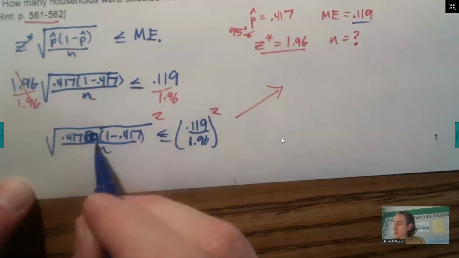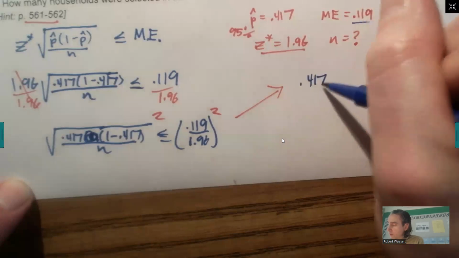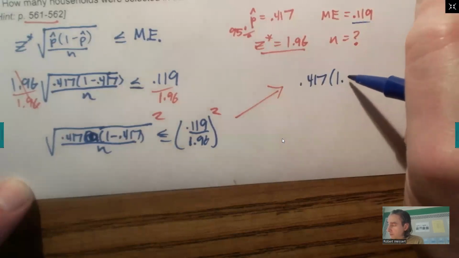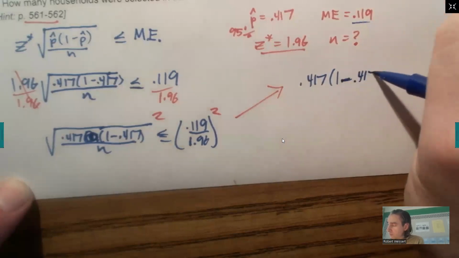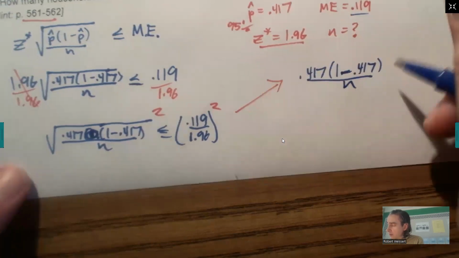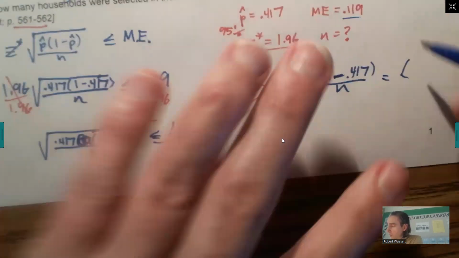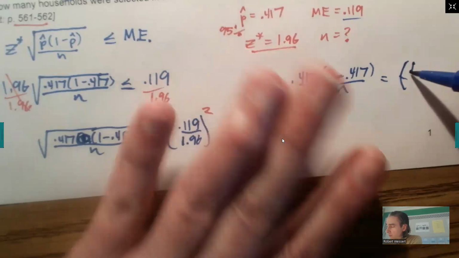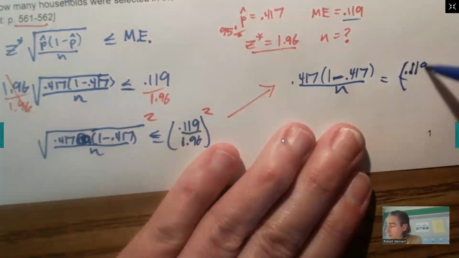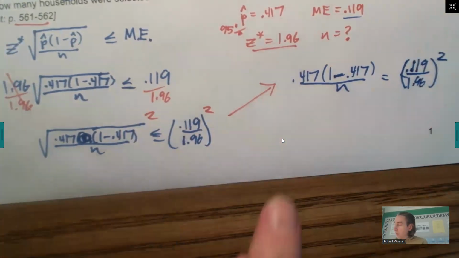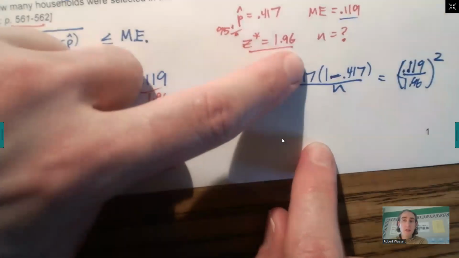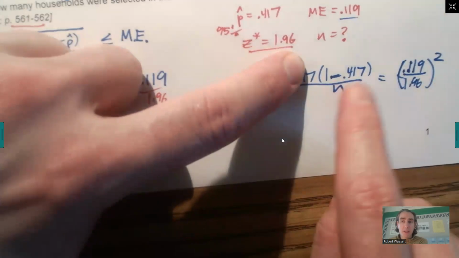This square root's gone, so it's going to be 0.417, 1 minus 0.417 over n equals 0.119 over 1.96 squared. What we want to do is take this number up here and divide by this, and bring the n up.